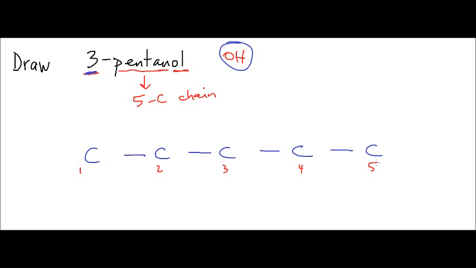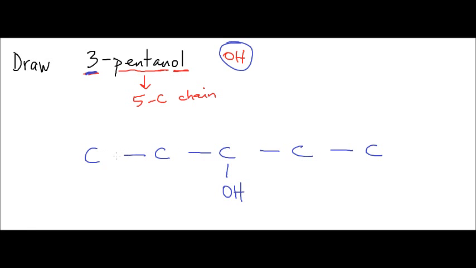And what I'm going to do is I'm going to get rid of the numbering, just for argument's sake. And so we already know which carbon we're numbering it. So this is the number 3 carbon, and what we're going to do is we're going to put in our OH, and I'm going to put it here at the bottom. It doesn't really matter. Now what I'm going to do is I'm going to put in my H's.